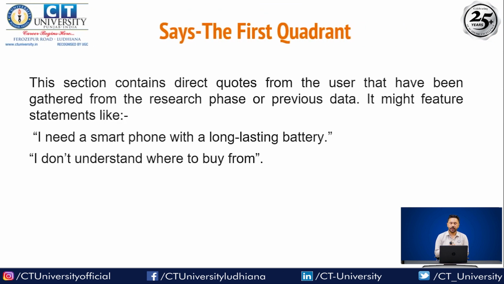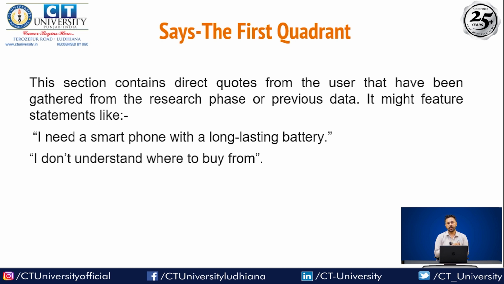So this section basically contains direct quotes from the stakeholders that have been collected from the research phase or from previous data that was already there. So it might feature direct statements.